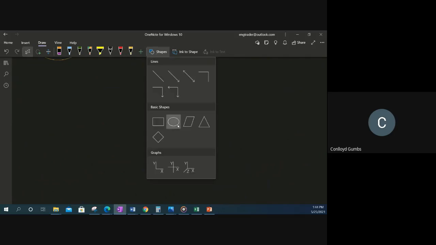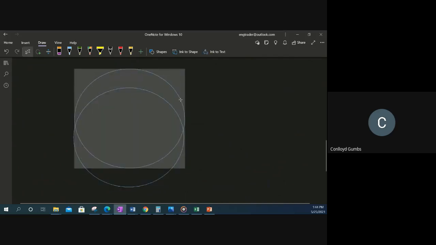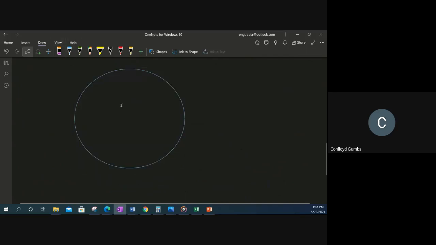So let's say we have a circle. This is our circle here. We have our center O. Now let's say we have a diameter passing from here to here.